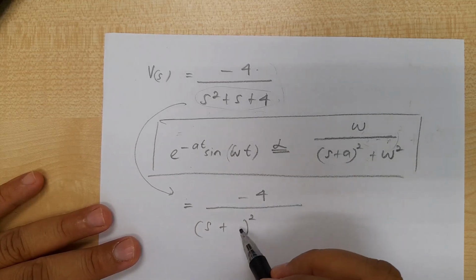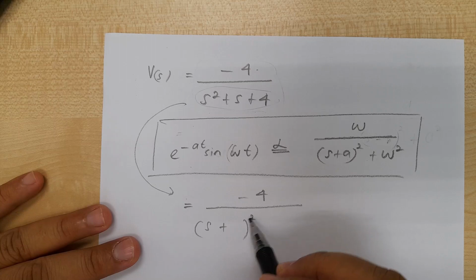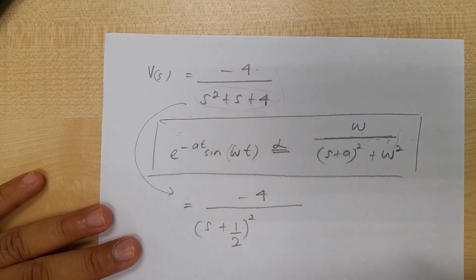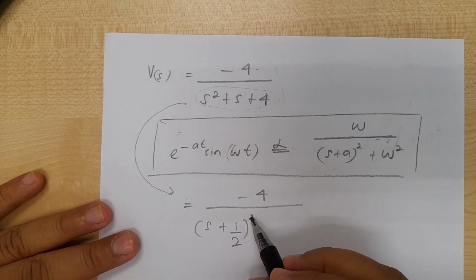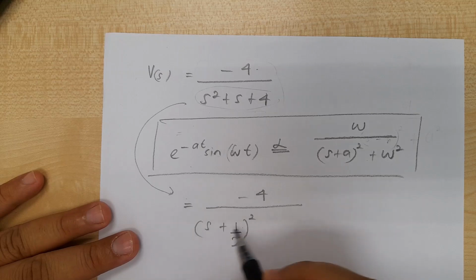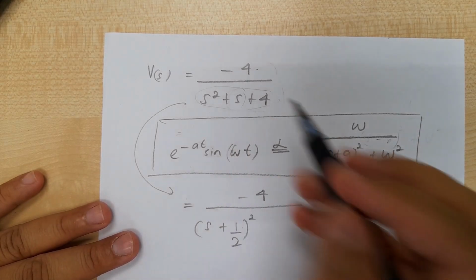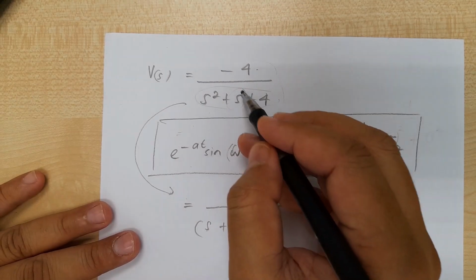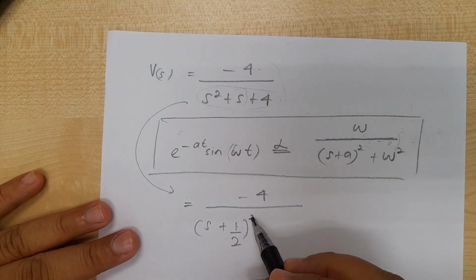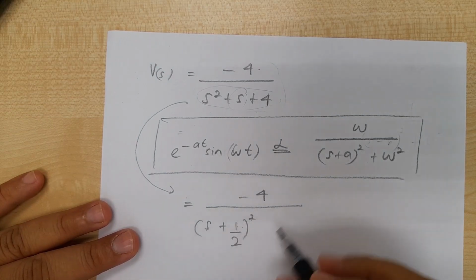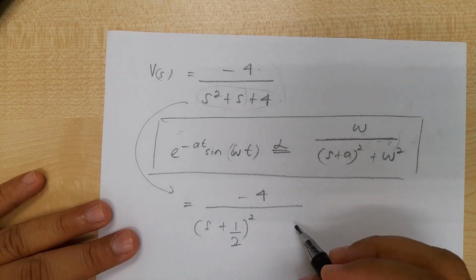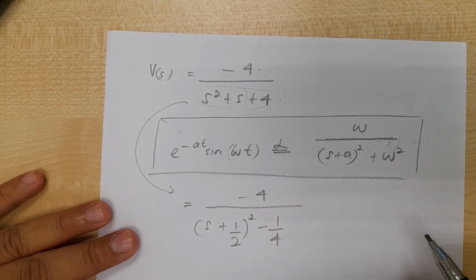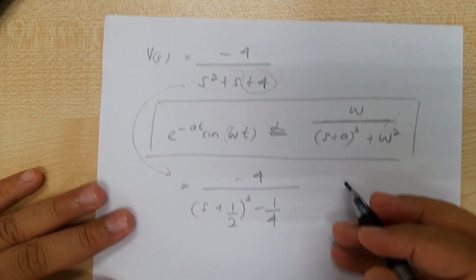To get 2 times s plus something to get s, that is 1 over 2, since 2 times s times 1 over 2 will get us s. Then 1 over 2 squared gives us 1 over 4, so we have to subtract that, and don't forget the plus 4.